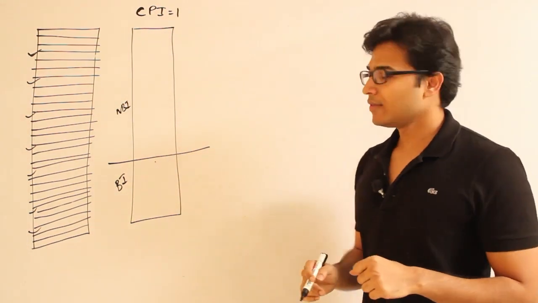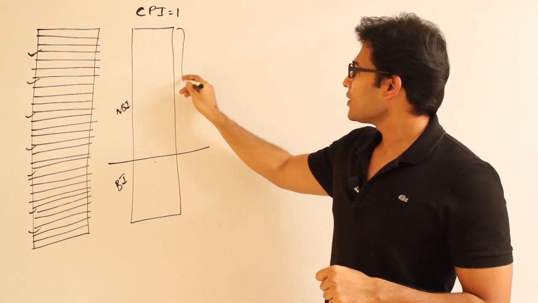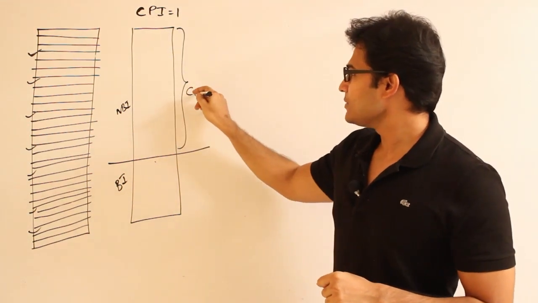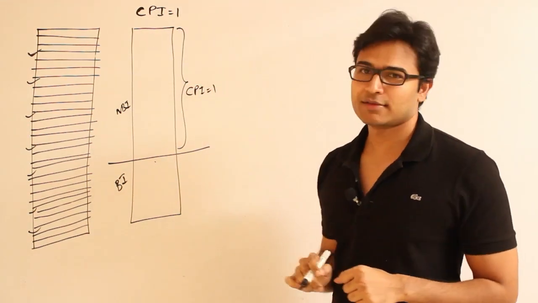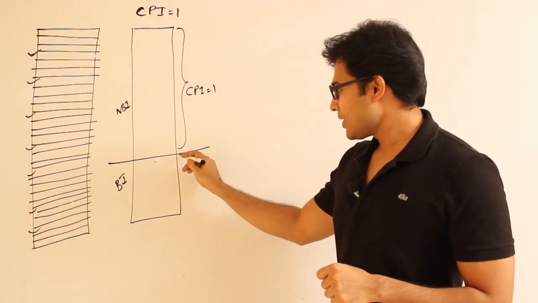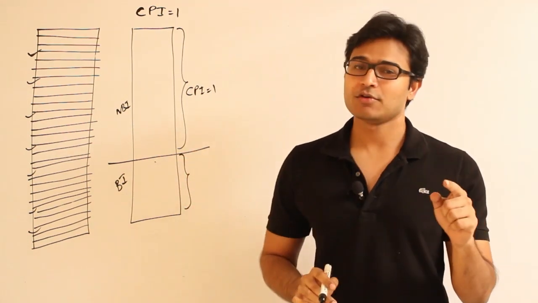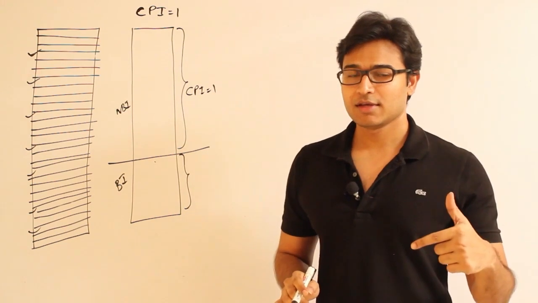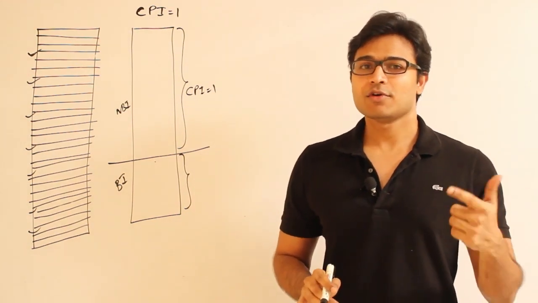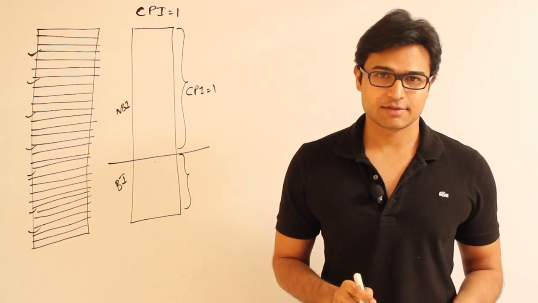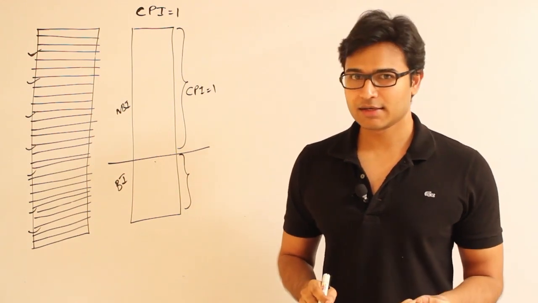Got it? For the non-branch instructions, CPI is always going to be 1, and whenever you have branch instructions, CPI is not going to be 1. That depends on when we are going to know the effective address. Are you getting it?